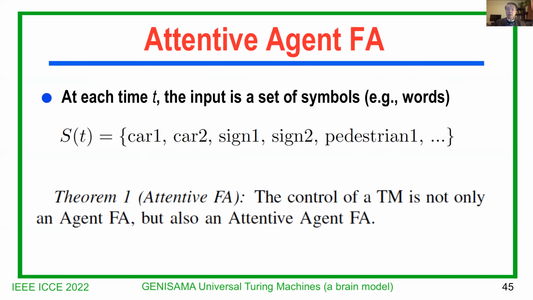Although it can attend to only one symbol at a time, it can aggregate multiple symbols into a single one using state. So the idea behind Theorem 1 is that a Turing machine is attentive, although everything is programmed.